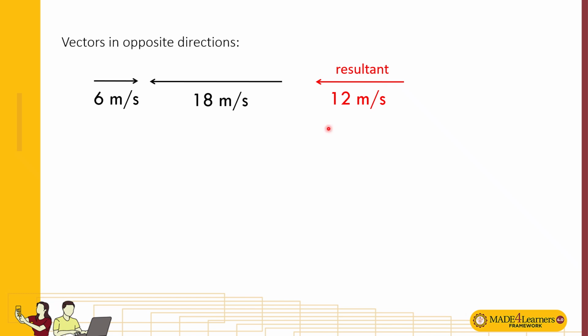That's the normal thing we do, right is positive and left is negative. But of course, if you want to use a negative sign for 6 and positive sign for 18, then go ahead. It depends on the point of view of the observer later on for our word problems.